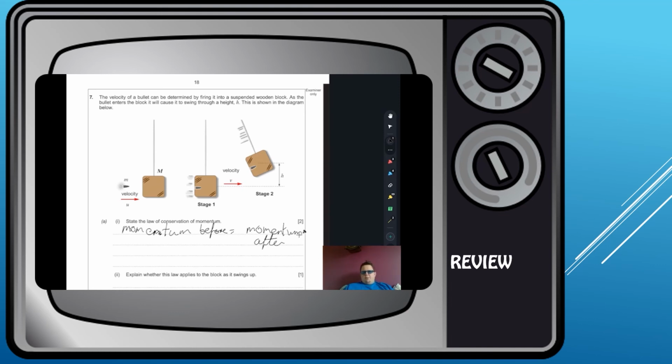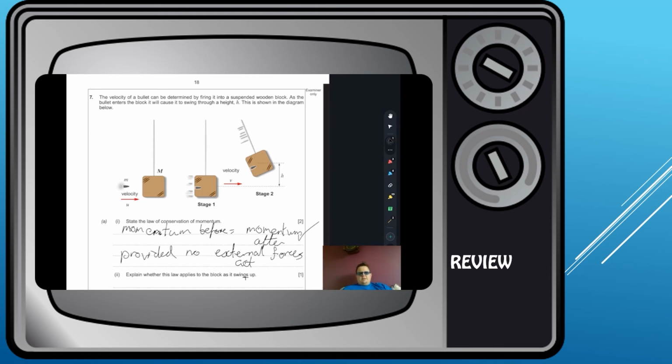Okay, for 1 mark. The second mark is for saying provided no external forces act, or no external resultant force.